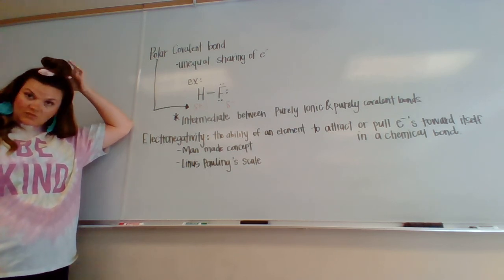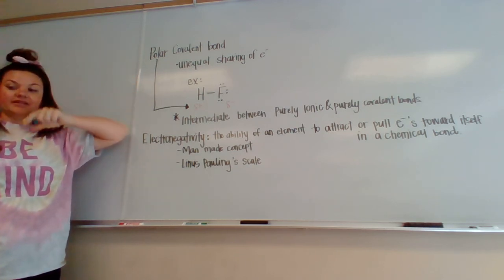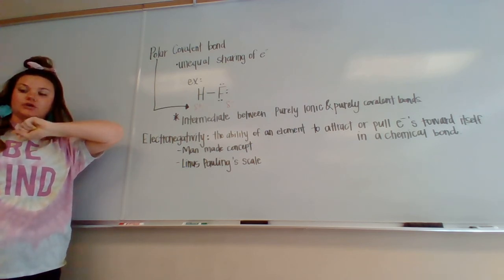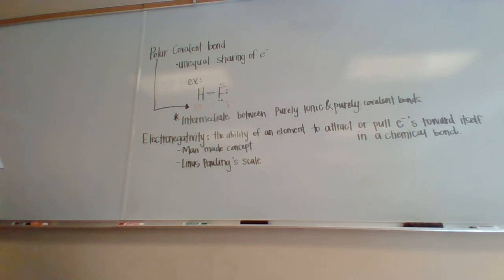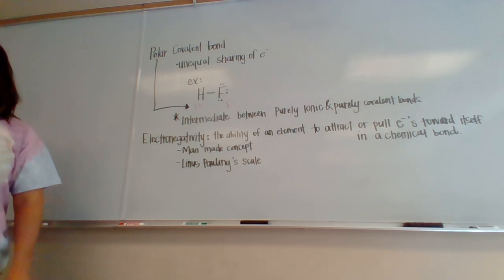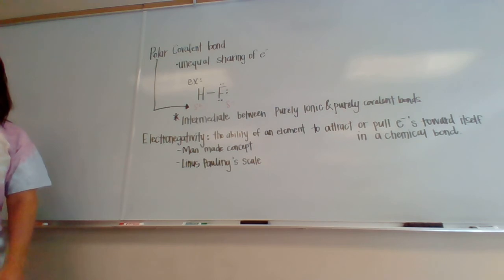So how Linus Pauling made the scale that I put in your notes is he determined which element was going to pull the electrons toward itself the most. Turns out it was fluorine. So he set his scale at 4, and then he measured every other element against fluorine.